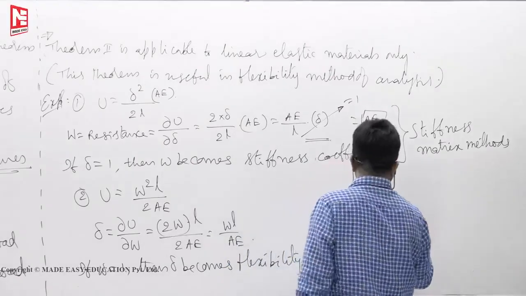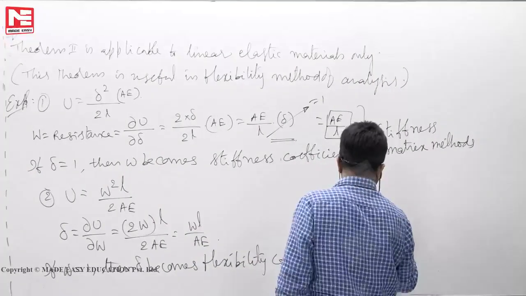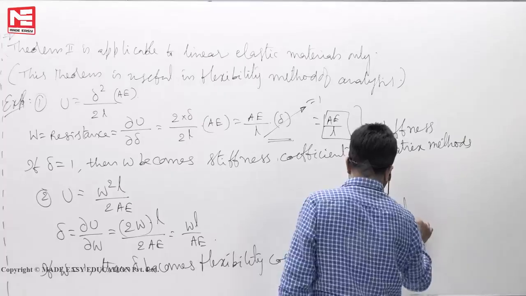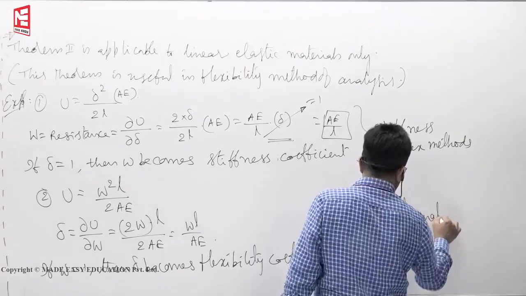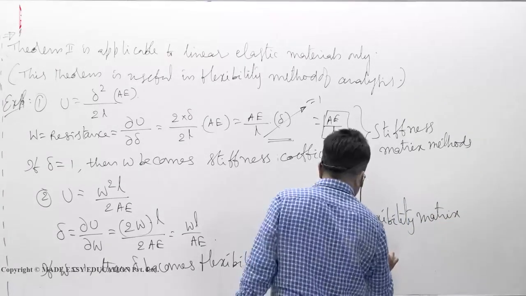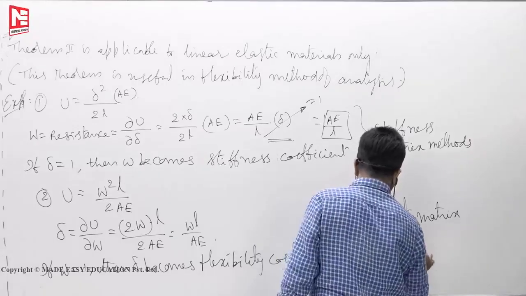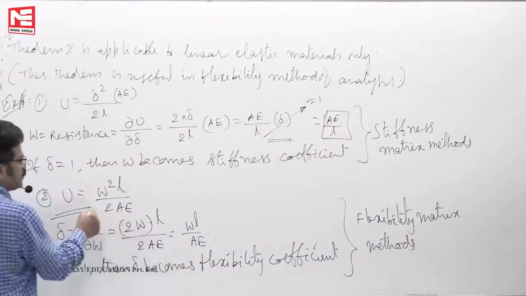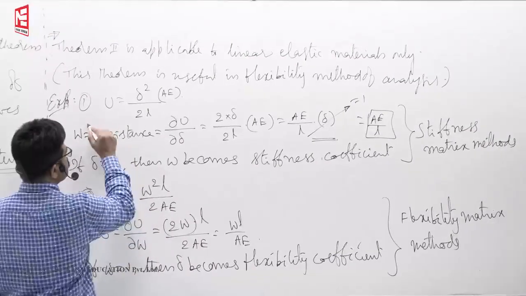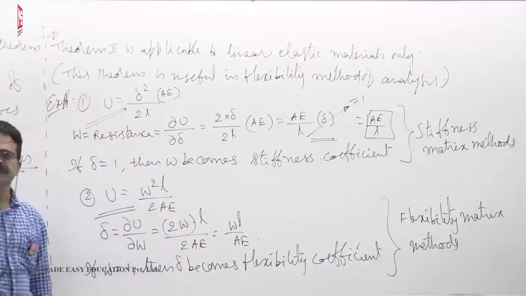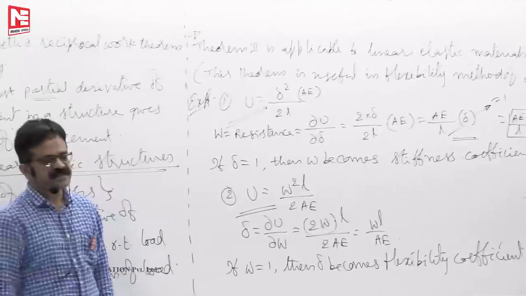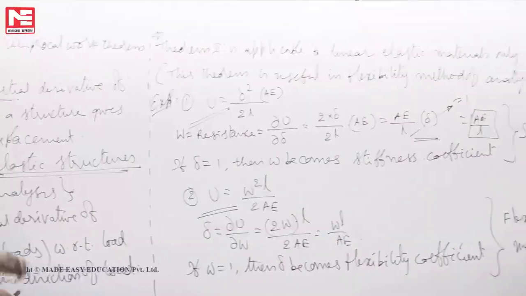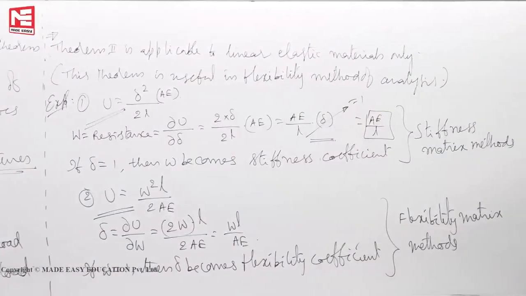This type of analysis we use in the flexibility matrix methods. So theorem 2 is useful in the flexibility methods of analysis. This energy you will use in the stiffness methods of analysis. Okay. So that's how theorem 1 and theorem 2 are.